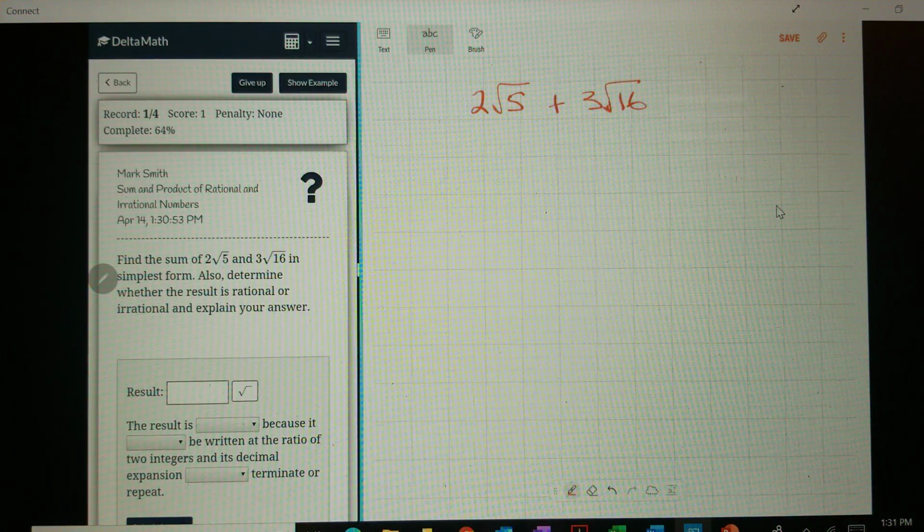So our first thing is, are there any perfect squares under the radical?